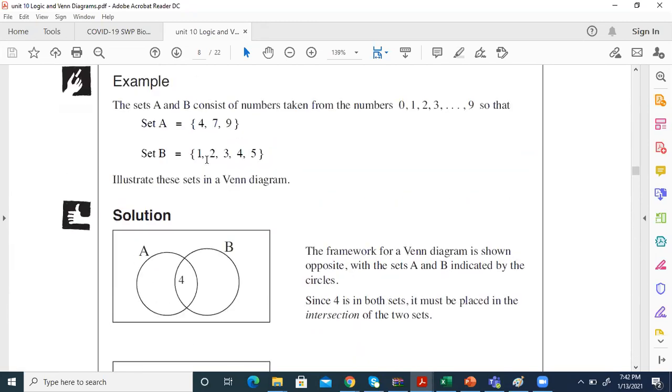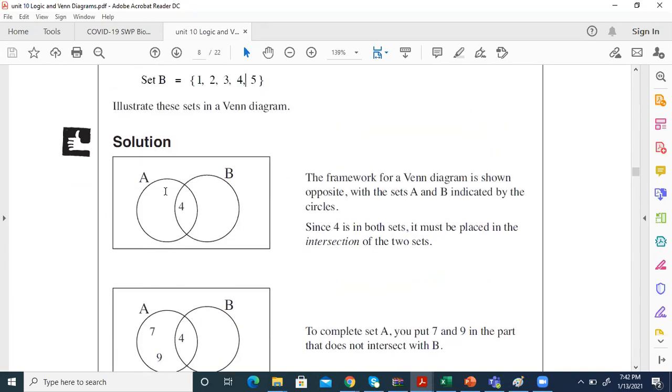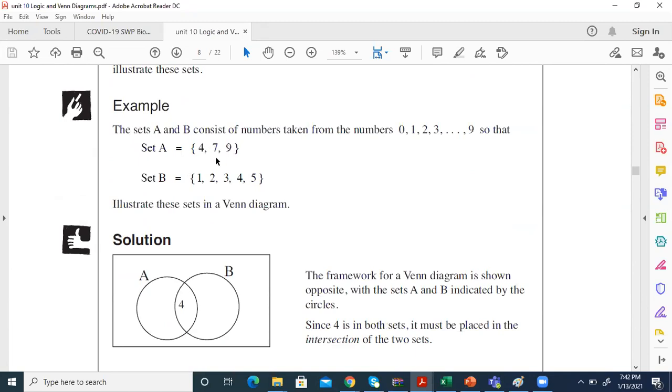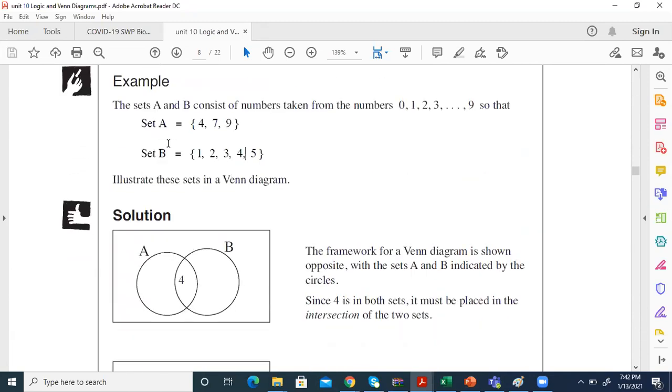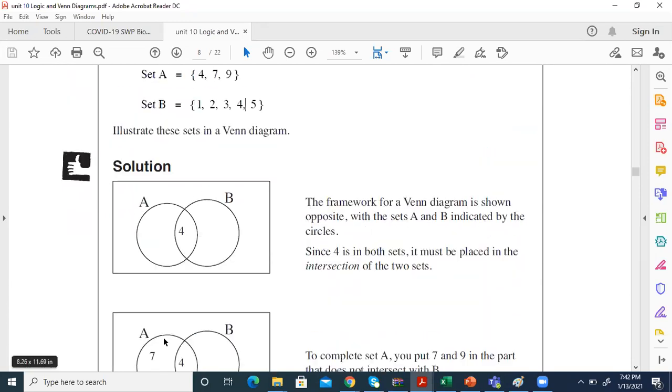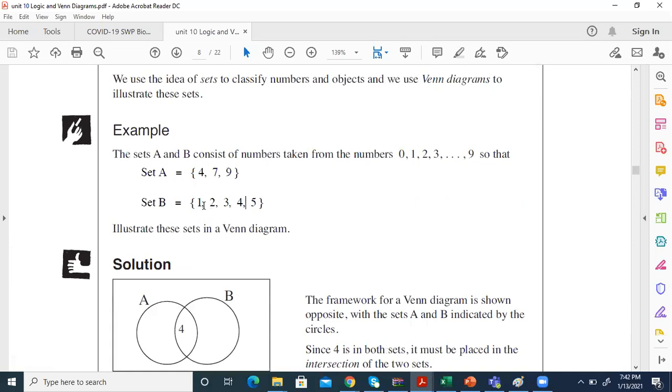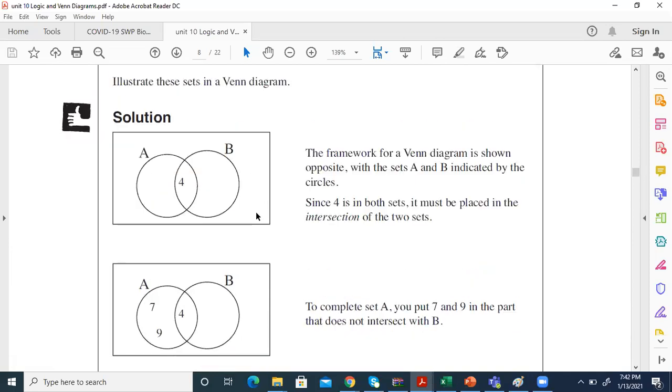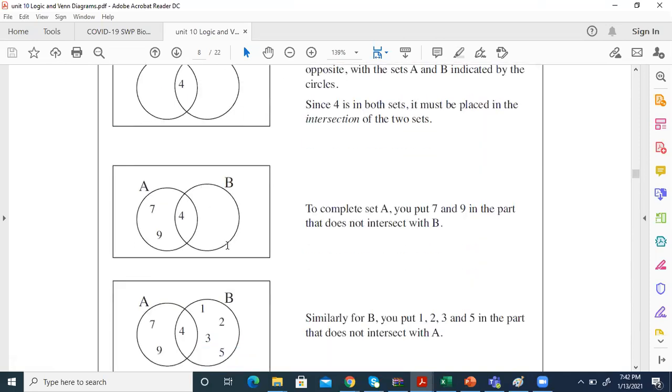Some books refer to them as elements, others refer to them as members. So A has 4, 7, 9. The 4 is in the middle, common to both A and B, and then 7, 9 fills out the rest of A. For the rest of B, you'd have 1, 2, 3, and 5.